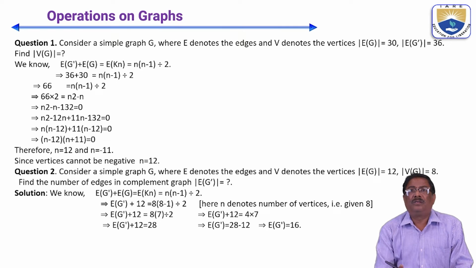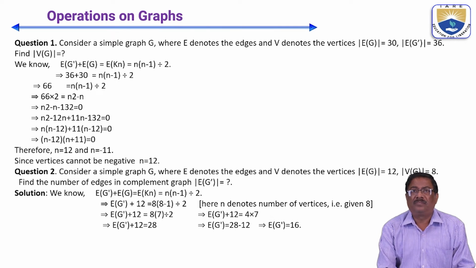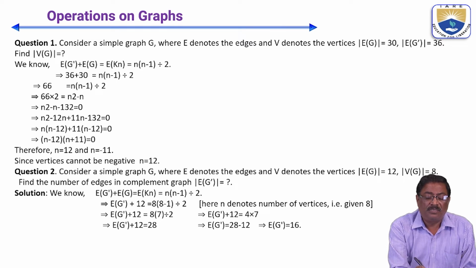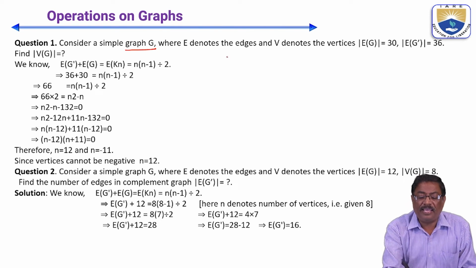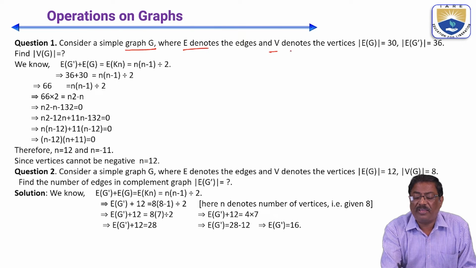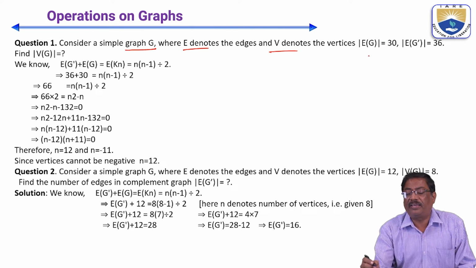Now let us go with some simple problems related to this. We are going to consider G a graph, where E denotes the edges and V denotes the vertices of the graph.